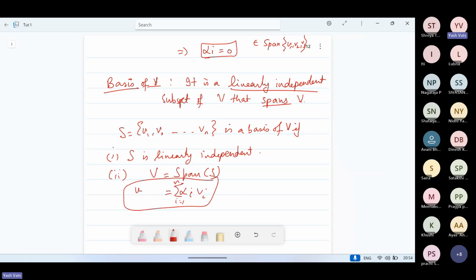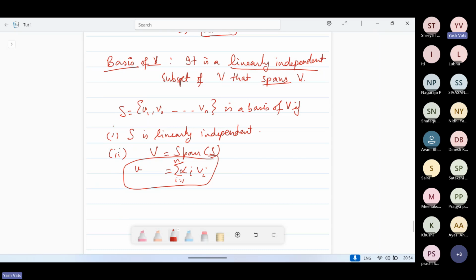You can express any member of the vector space as a linear combination of the elements of S, and in a unique way, with unique coefficients. That is the definition of a basis of a vector space.